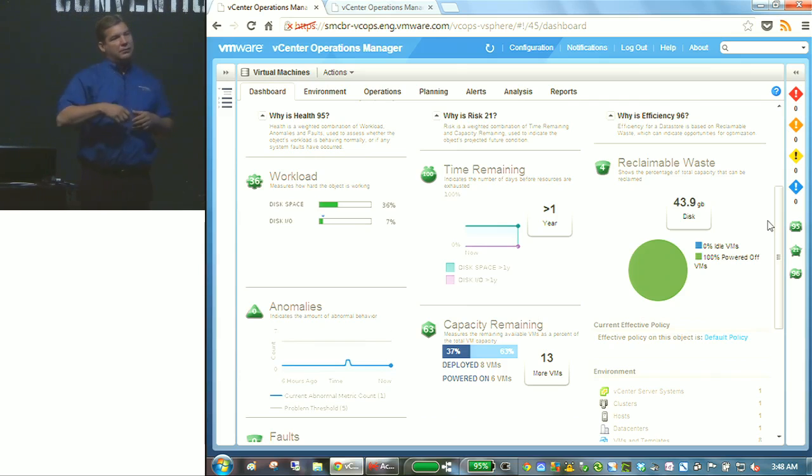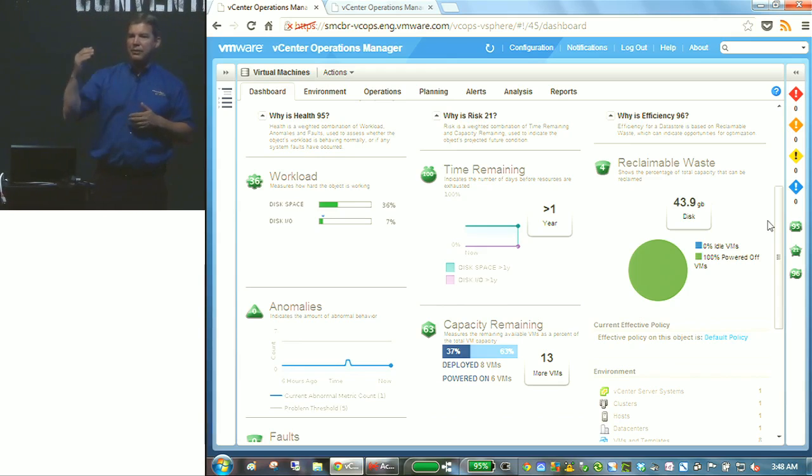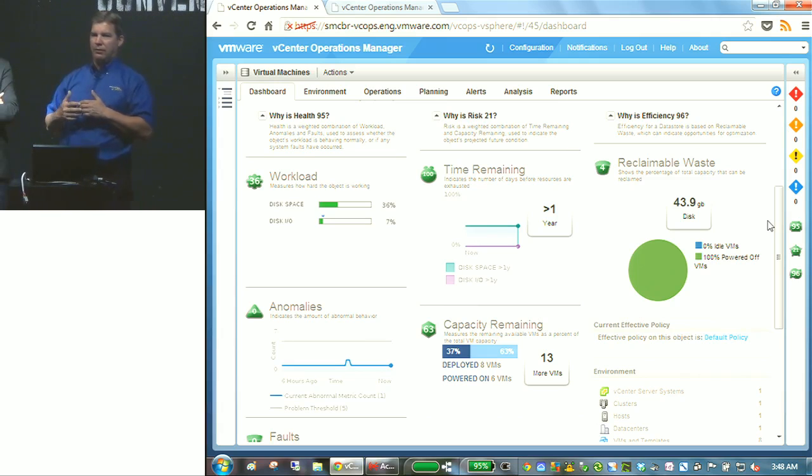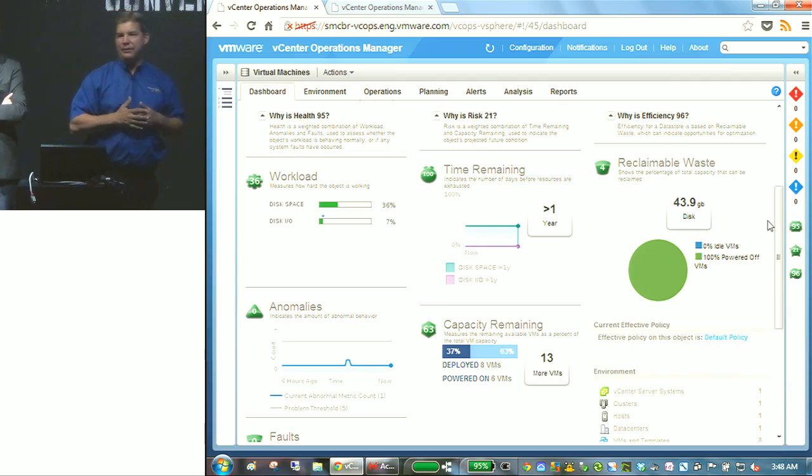And if it's not, it will generate an alarm. Now, we don't care about individual metrics going in alarm. That's not really that significant if a single metric crosses alarm. But if you have 230 metrics, let's say, on a VM, and 20 to 30% of those metrics are violating some expected threshold, then we think that is an interesting event.